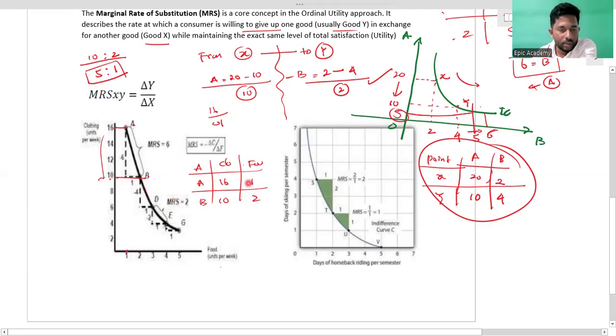That means this person increases the food consumption by 1 unit by sacrificing 6 units of clothing. 6 to 1.